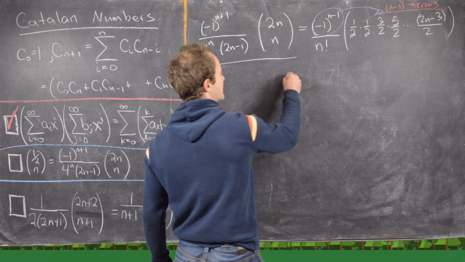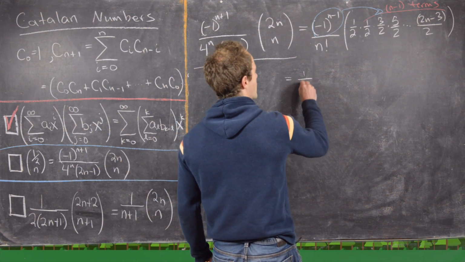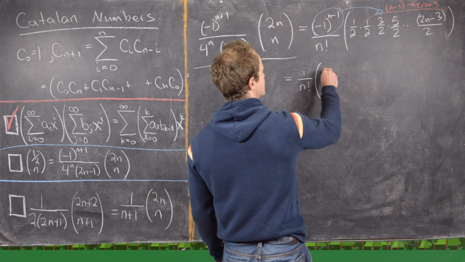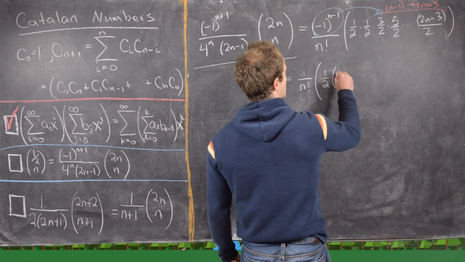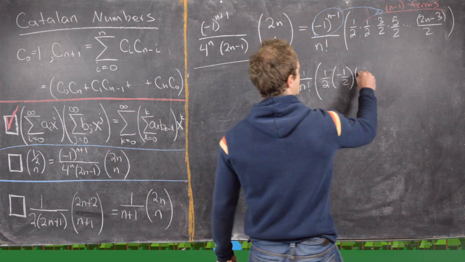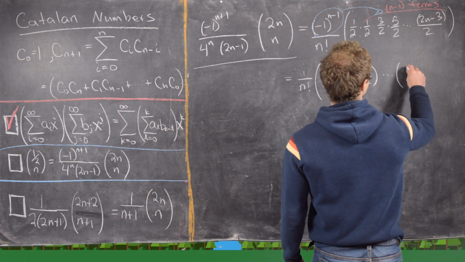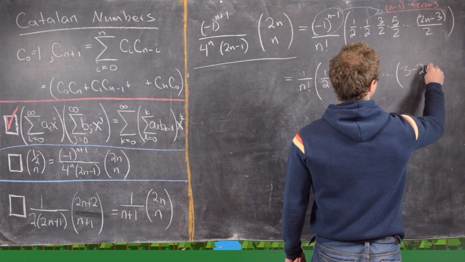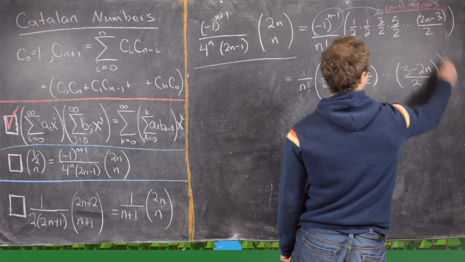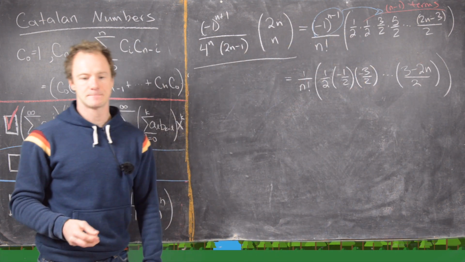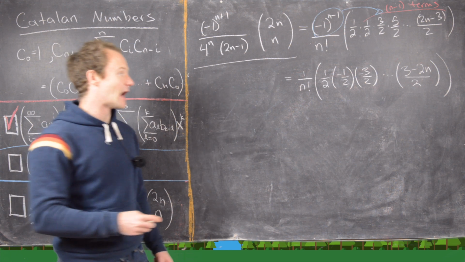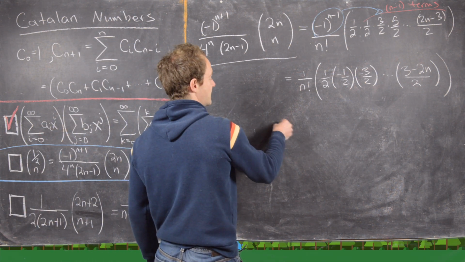That gives me the following: 1 over n factorial times 1/2 times minus 1/2 times minus 3/2 all the way down to 3 minus 2n over 2. Okay, good. But now let's notice the following.